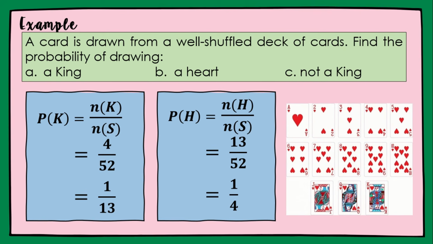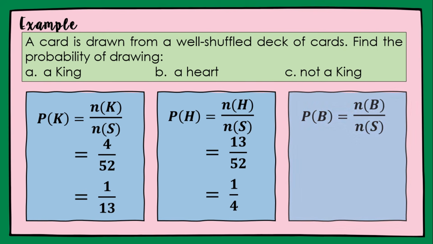And lastly, the probability of drawing not a king. There are 4 kings in an ordinary deck of cards. Hence, there are 48 cards left which are not kings. In this event, we will denote not a king as letter B. So P of B is equal to n of B divided by n of S. As I have said, there are 48 cards left which are not kings.